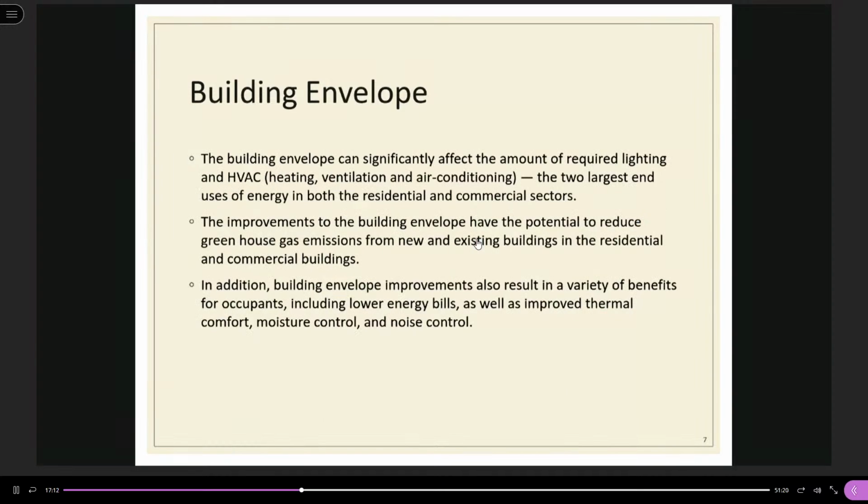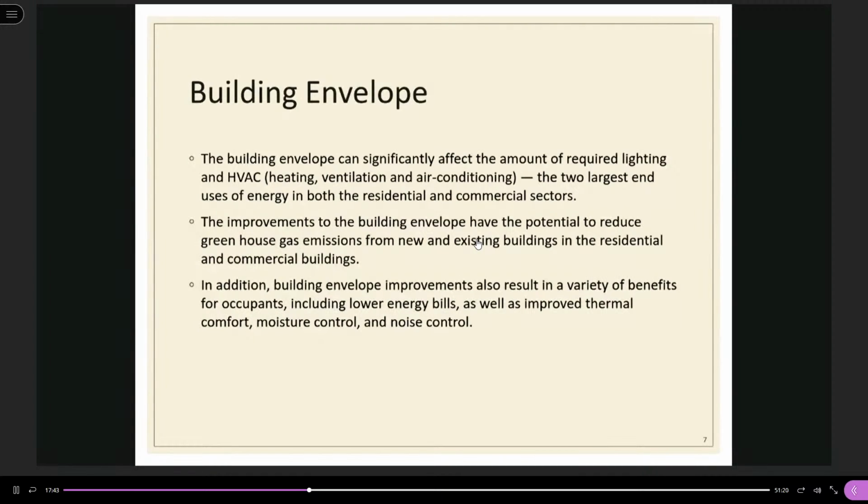So building envelope can significantly affect the amount of required lighting and HVAC. HVAC means heating, ventilation, and air conditioning. So if the building envelope is designed well, then we can greatly reduce the energy spent on lighting and the HVAC system. Just like if you insulate your building well, like in the North Pole, okay, not too extreme.